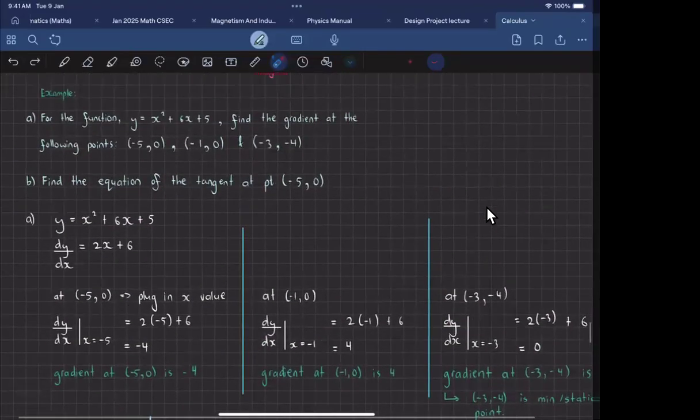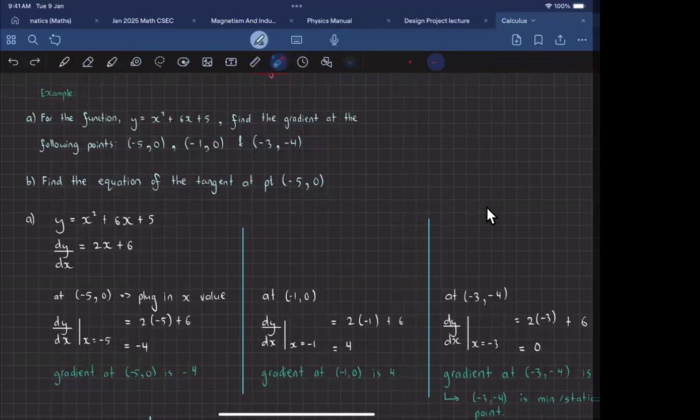Aliyah, what was question B? Find the equation of the tangent at the point (-5, 0). Correct. So in order to find the equation of a line, you need a point on the line and you also need the gradient.